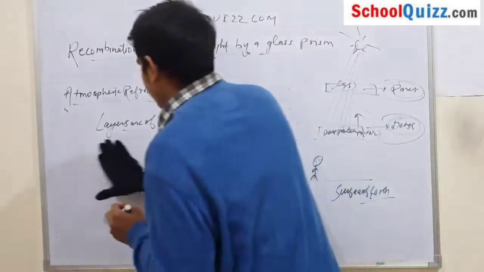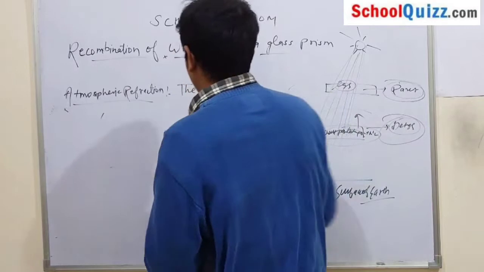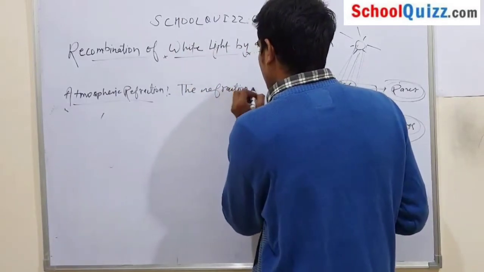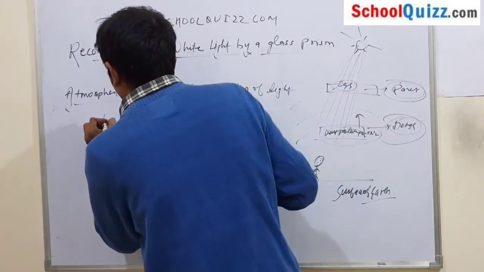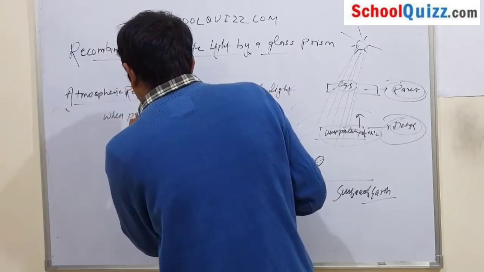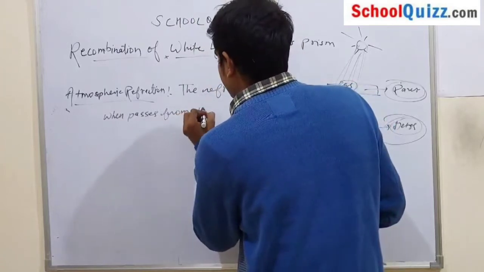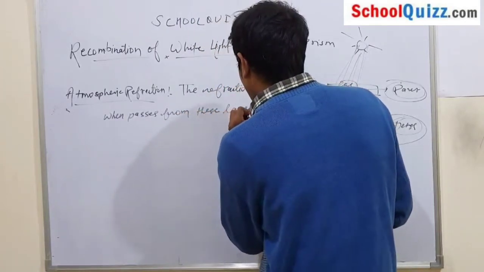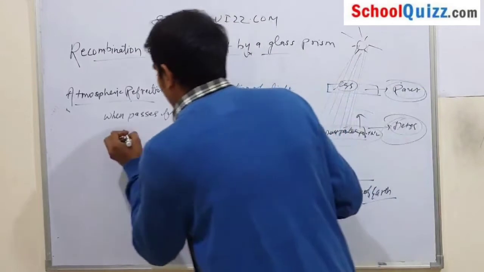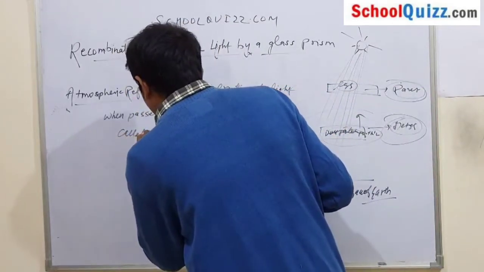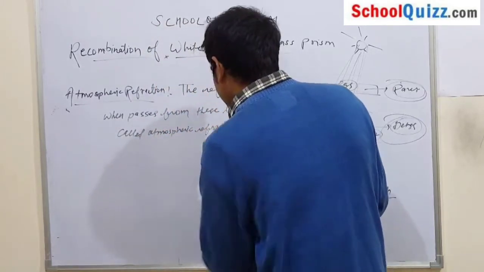So the refraction of light when it passes through these layers is called atmospheric refraction.